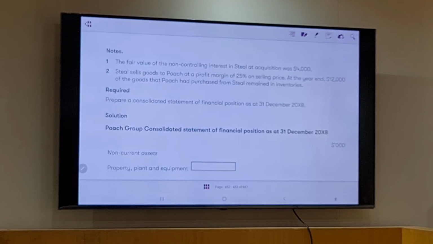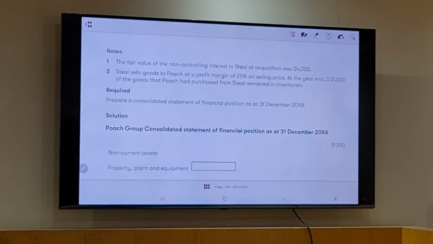The fair value of the non-controlling interest in S company at acquisition was 4,000. S company sells to P company at a profit margin of 25% on selling price. At the year end, 12,000 of the goods that P company had purchased from S company still remained in inventories. Prepare the consolidated statement of financial position as of 31st December 2018.